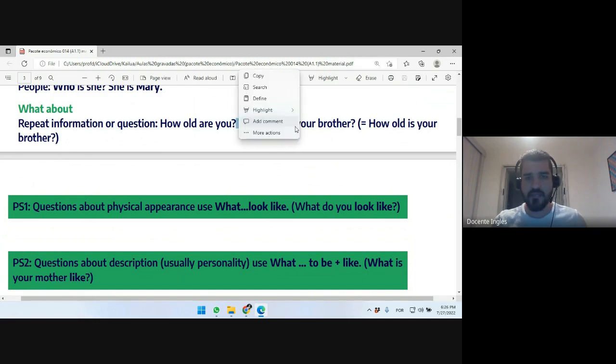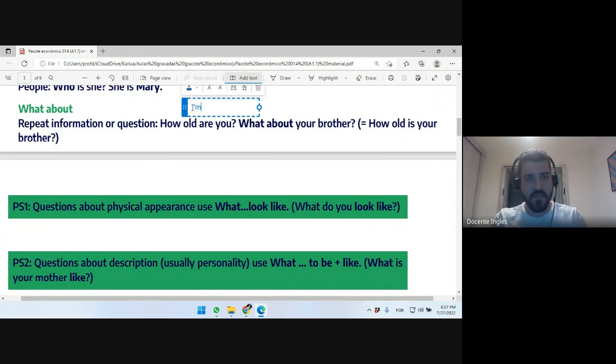In this case, we are repeating the information from the question. It's possible to repeat the information from an affirmative or a negative. For example, I'm a teacher. What about you? In this case, what about is talking about this information.